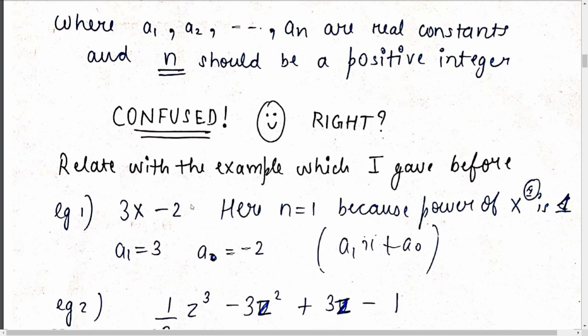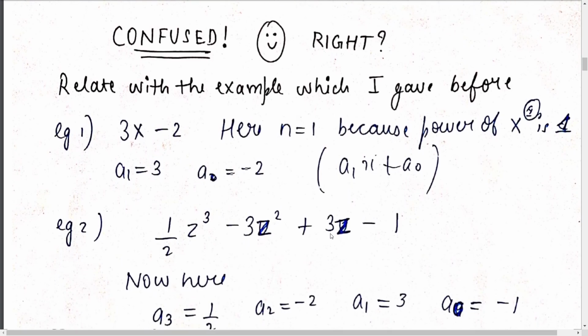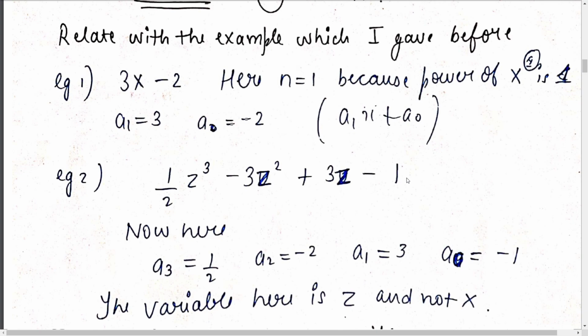So I'll start from left. This is a0, a1x, with no other term, so we'll stop here. So a0 is minus 2 and a1 is 3, represented in this form, a0 plus a1x. Now in the second example, I'll start from left. a0, a1x, a2x square plus a3x cube. So this satisfies my definition of polynomials, right?